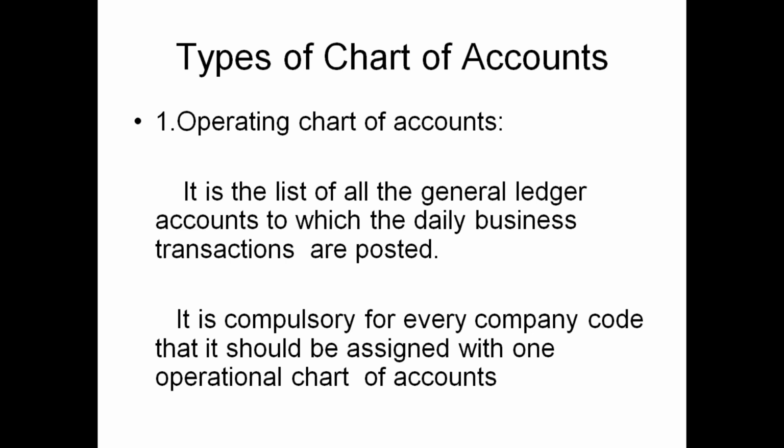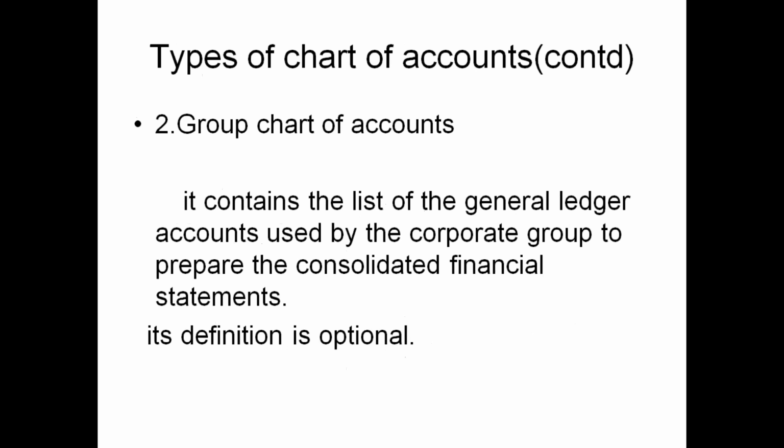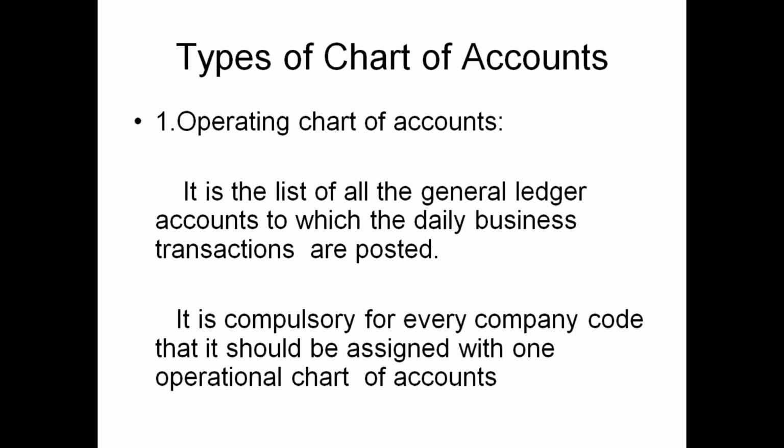We use it in the system to make the daily business entries. If we don't assign it to the company code, what will happen? The system will not allow you to create your GL master record or post the entry. This is the operating chart of account, or operational chart of account, and it is also called the active chart of account.